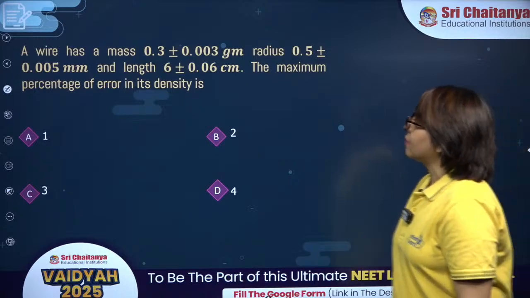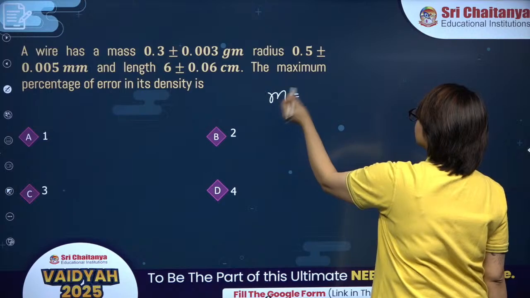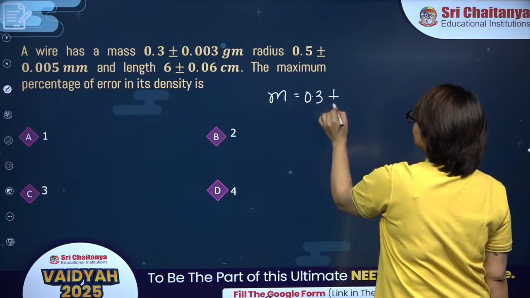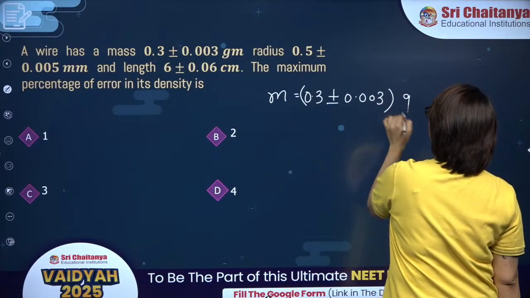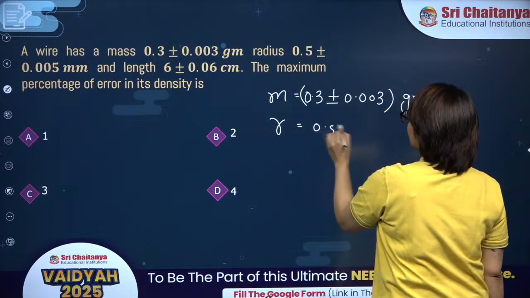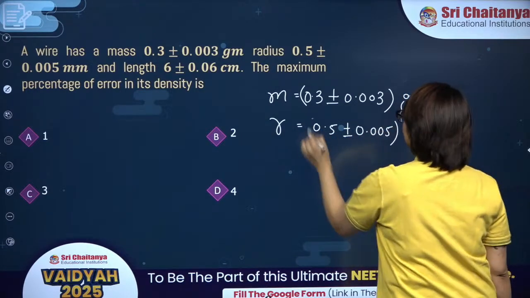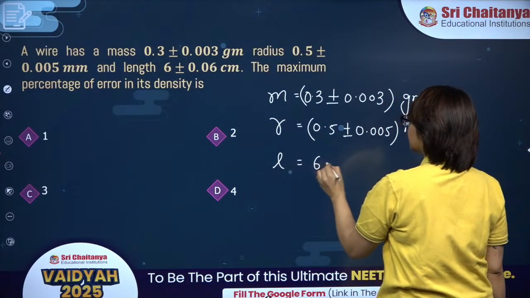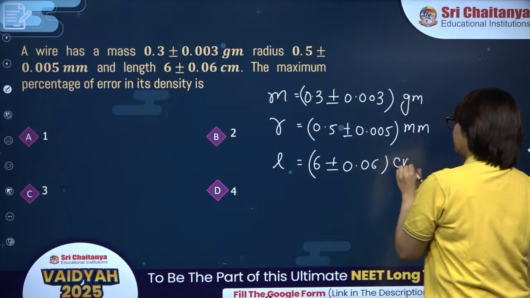Let's try this one. This is from units and measurement. A wire has a mass of 0.3 plus minus 0.003 gram, radius as 0.5 plus minus 0.005 millimeter, and length as 6 plus minus 0.06 centimeter.